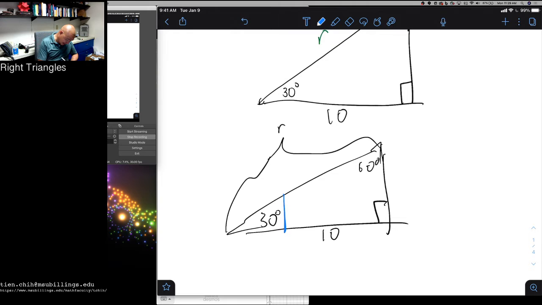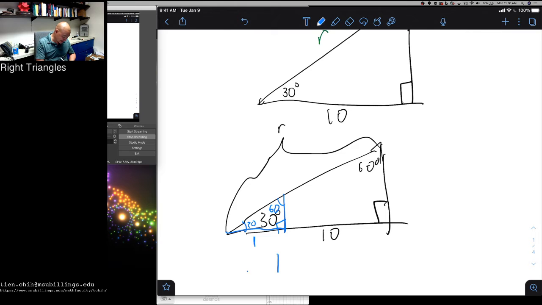Let's draw a line here and measure out 1 unit. This is not to scale, of course. And then let's chop it down here and form a right triangle there. What we should note though is that this is still 30, right? That angle is exactly the same angle. And because that's 30 and that's a right triangle, this is still 60.